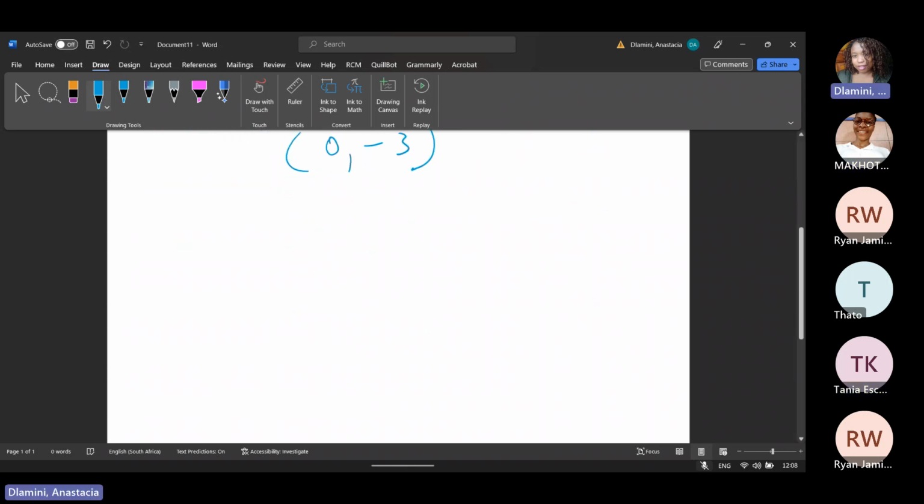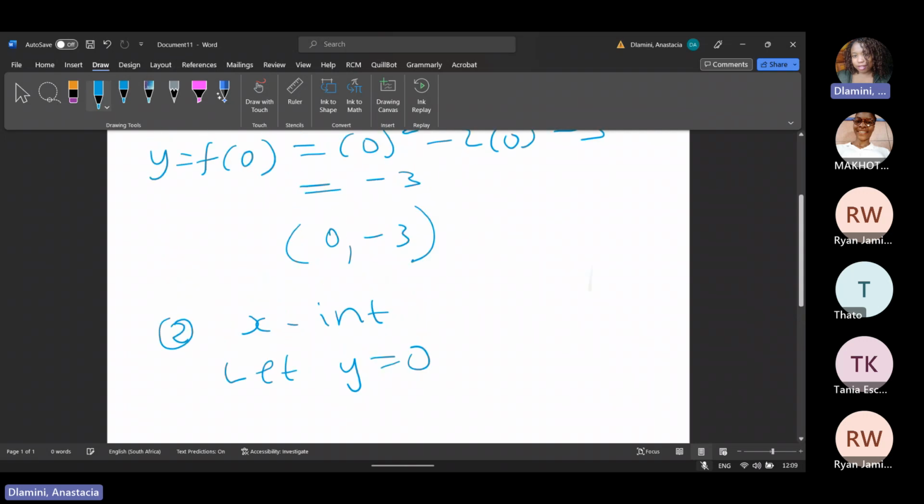Now the x-intercept. Let y equal 0. Do you know why we let y equal 0 and x equal 0?